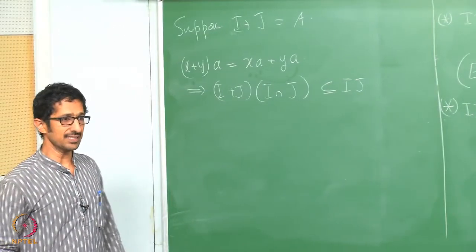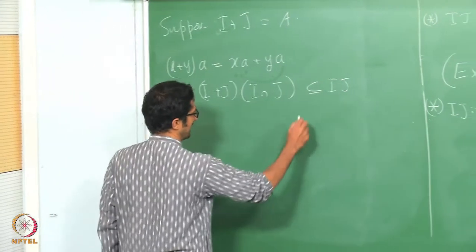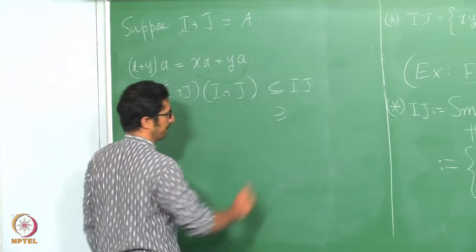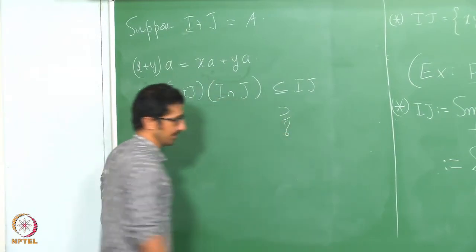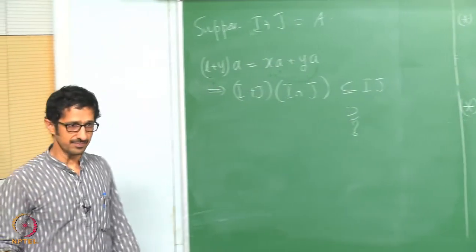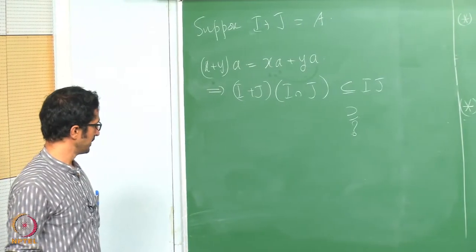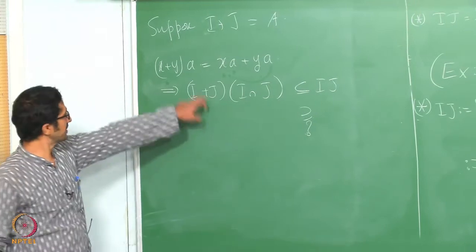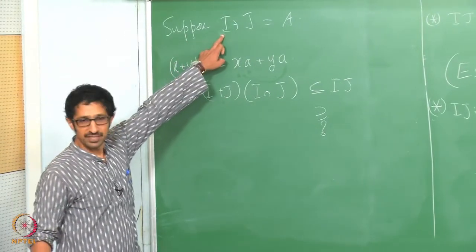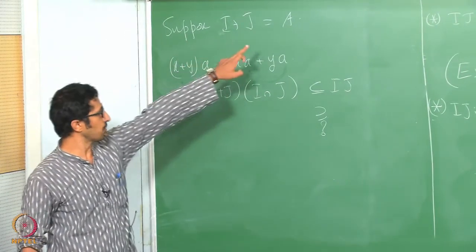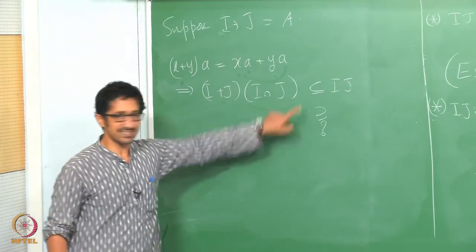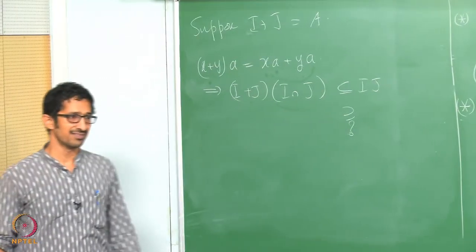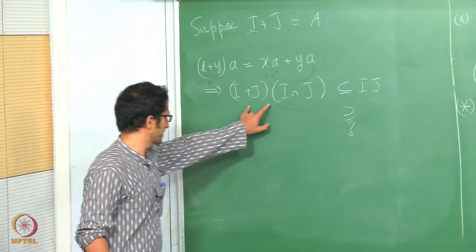The question is, can we say that the reverse is true? So suppose now this becomes clear, right? If I plus J is the whole ring, what is I intersection J? Sorry, what is this product?